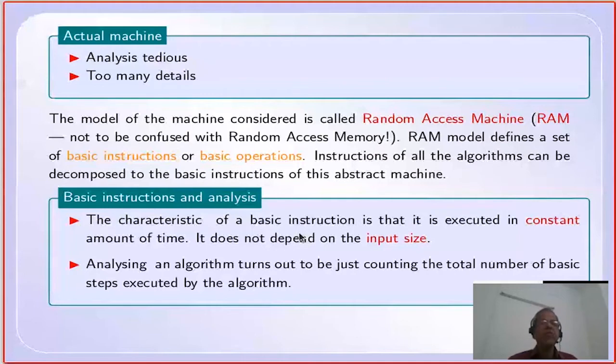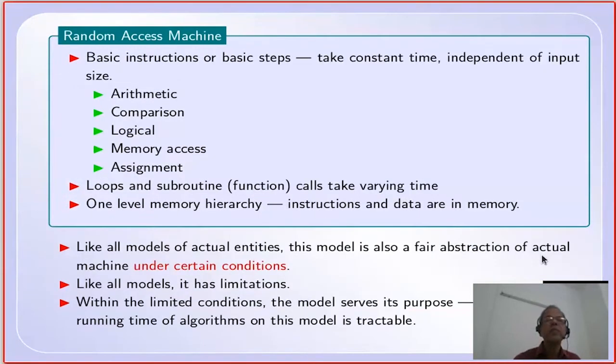Most often I just identify one basic instruction. But even if there are two basic instructions or three basic instructions, you just treat them all equal because every basic instruction takes a constant amount of time. And count the total number of times. That's it. This is key. Basic instructions take constant time independent of input size. Important.